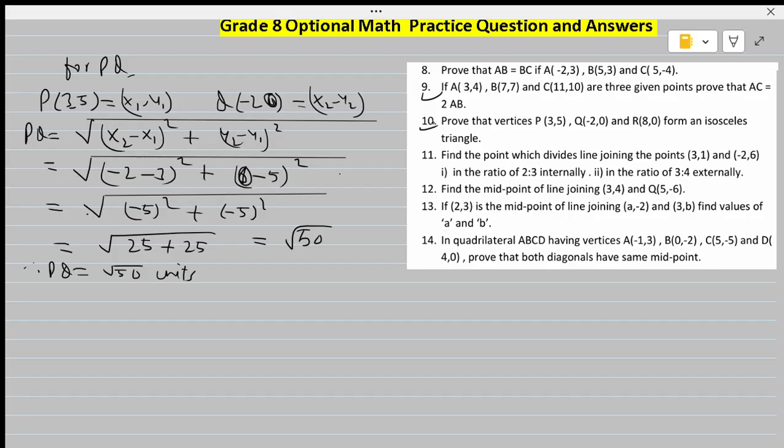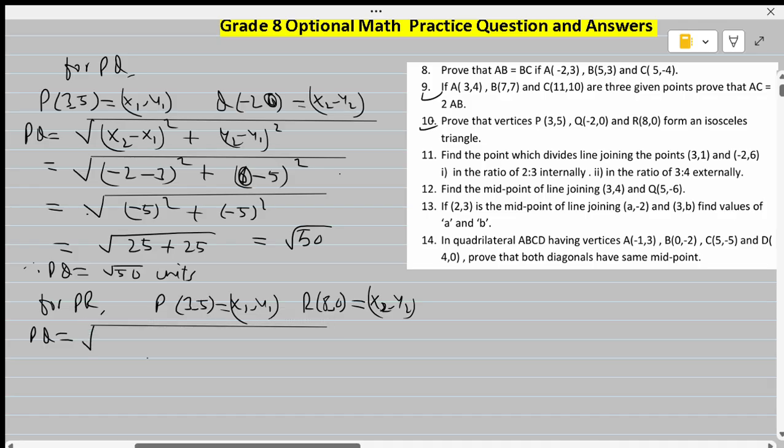After finding PQ, now next go for finding PR. So P is 3, 5, this you already need to consider x1, y1, and R point we do have here 8, 0, so this we consider the second point x2, y2. Now go for finding the distance, and now I'm not writing the formula, I'm doing it directly.